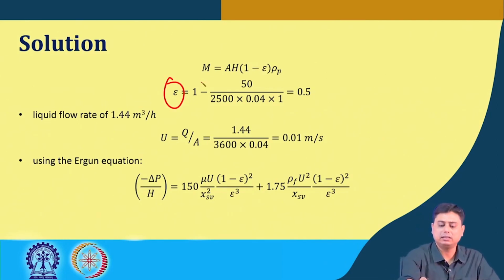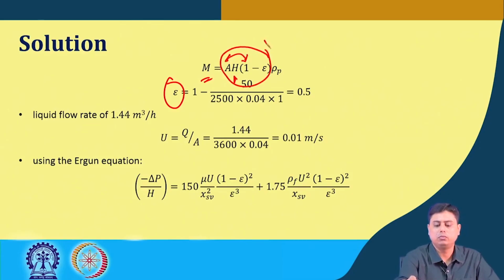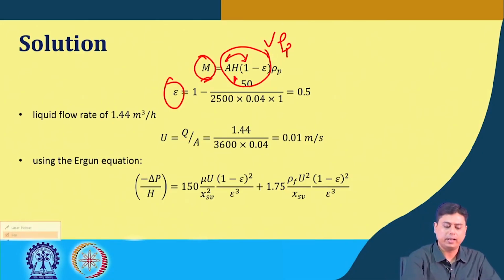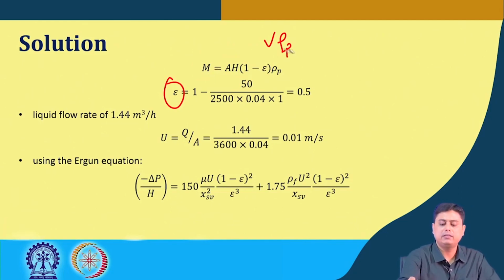So, the mass of the bed is the cross sectional area multiplied by the height, which gives the volume, multiplied by the rho of the particle. Then if we equate that with the known quantity, we can have an expression that gives us the value of epsilon, because the other parameters are known.